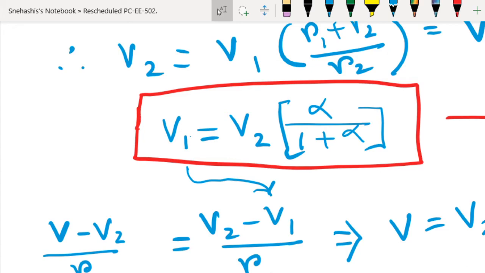Okay, or in other words, V2 equal to V into, take alpha common, 1 plus alpha divided by 1 plus alpha square. Okay, so let's name it as equation number B.